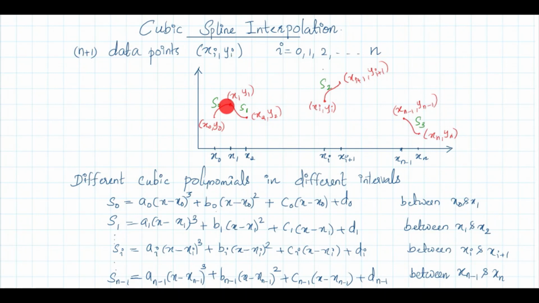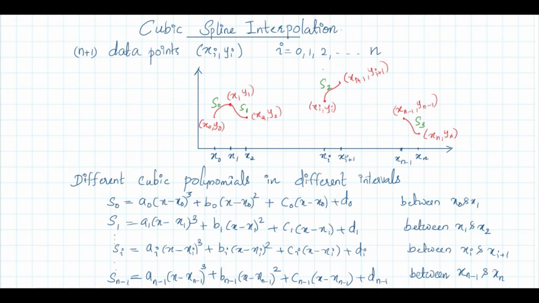So in each interval we will fit different cubic polynomials. Okay, and the functions between each successive points are known as spline functions. When they are cubic polynomials, it is known as cubic splines. And the interpolation done using this method is known as cubic spline interpolation. Okay, so the idea is different cubic polynomials in different intervals.